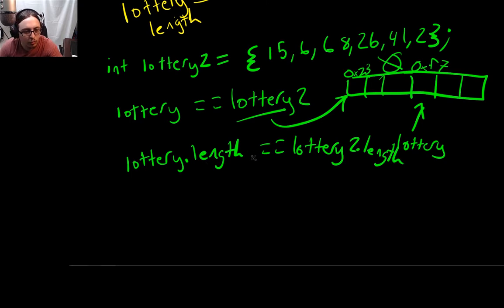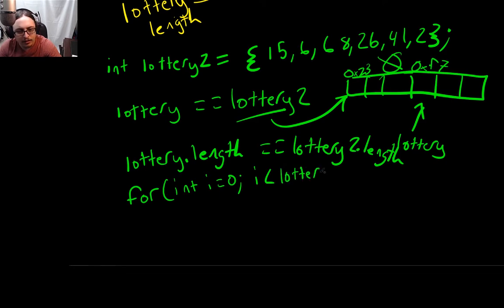And this comparison would work because these are primitives, right? So it's comparing strictly the value of the length. So say the length is equal, then you would continue on with something like for int i equals 0, i less than lottery.length.